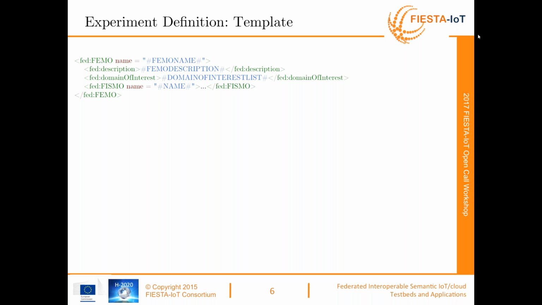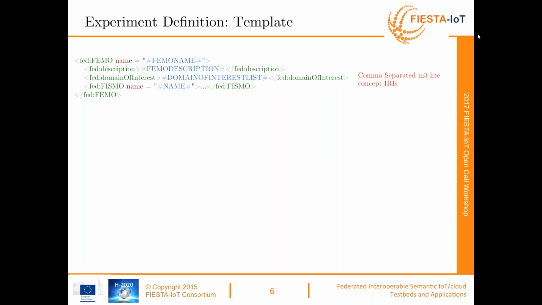These FISMOs are created as threads or tasks within the Fiesta platform and executed by the experiment execution engine upon the dedicated interval that is defined in the scheduling object.